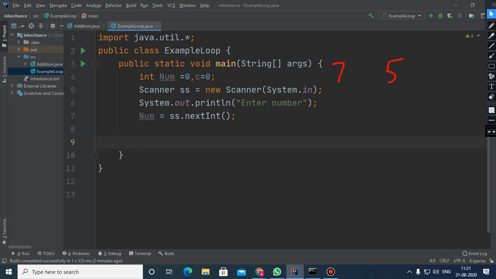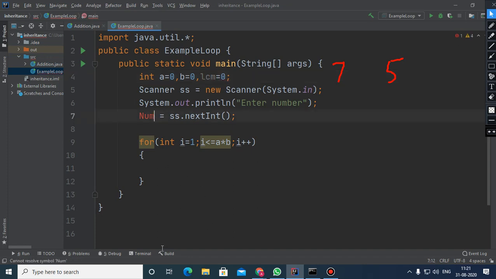It means that for LCM we need to execute the loop from 1 to the product of the numbers. So for LCM we have taken two variables A, B, and this variable is for LCM.